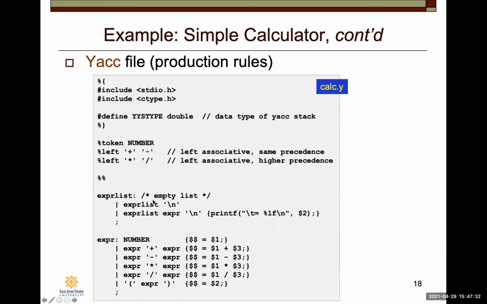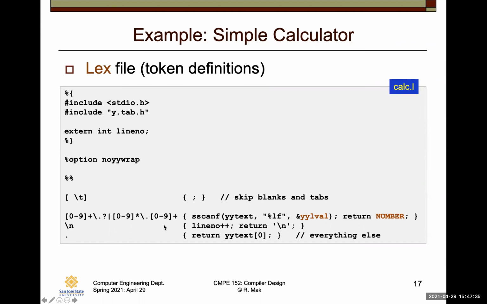If we see a number, so this is a regular expression to describe a number. It says one or more repetitions of a digit 0 to 9, optionally followed by a decimal point. So this backslash dot says a literal dot, and the question mark says optional. That's followed by 0 or more digits, that's a star here, 0 or more.